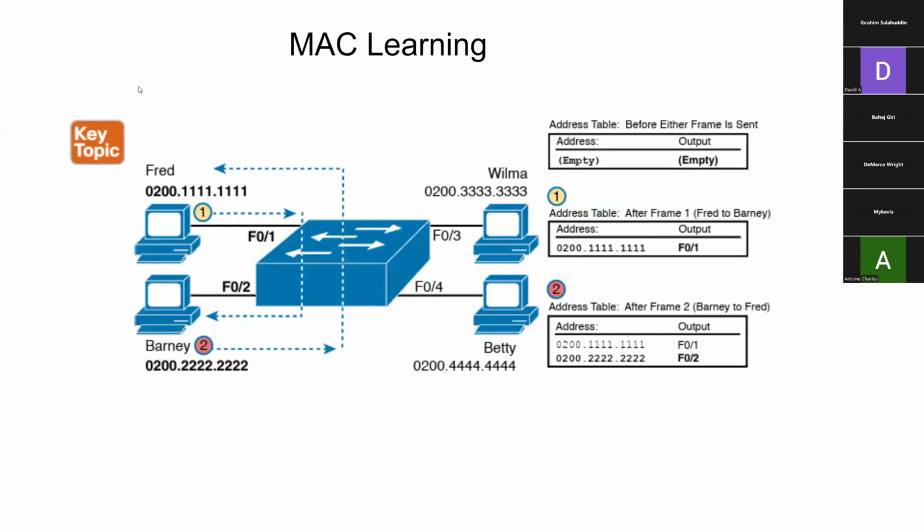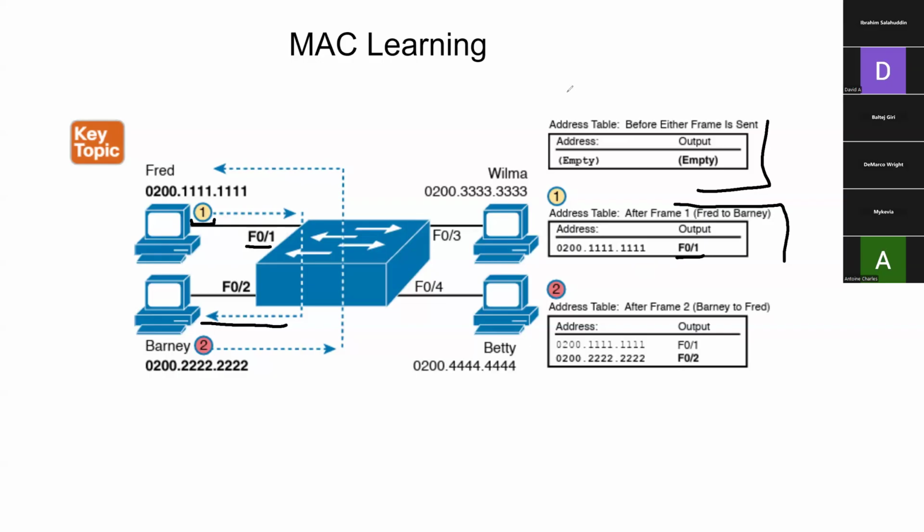We're kind of reinforcing this about learning MAC addresses. So let's take a look up here. This is the address table before any frame is sent out, right? It's completely empty. Now we're going to look at number 1 here. We're going to see that Fred is sending a frame down to Barney, right? Now let's also take a look at the MAC address table. We see that we have the source MAC address of Fred, and it says that he's connected on Fast Ethernet 01.